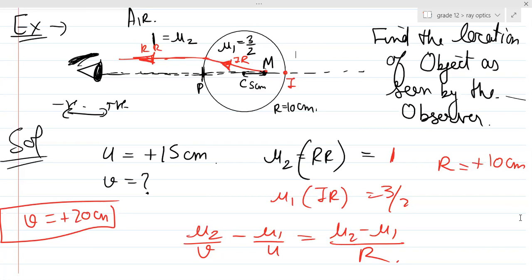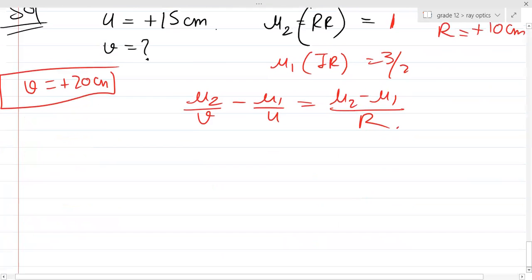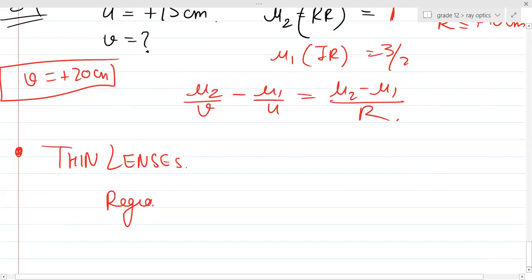Let's start with the lenses. First of all, please write down the heading: Thin lens. And what is a lens basically?